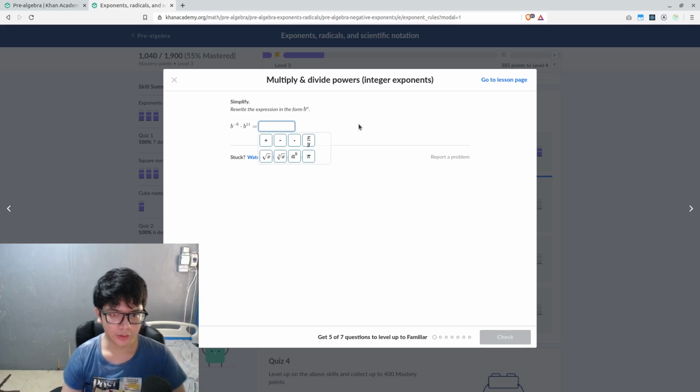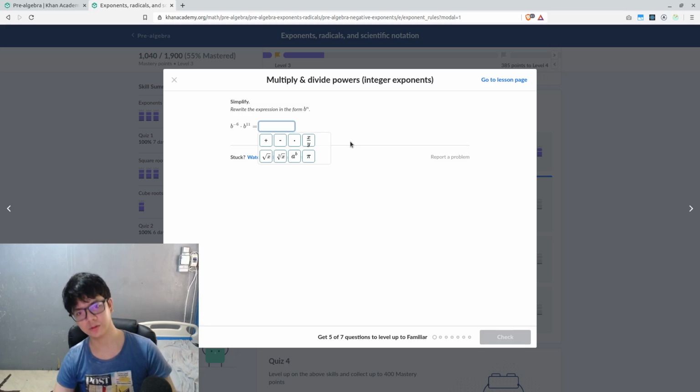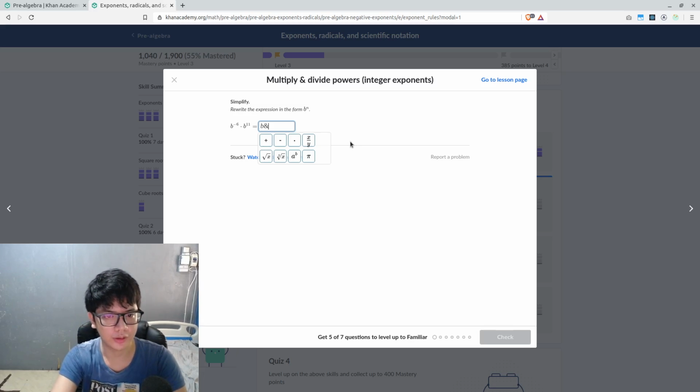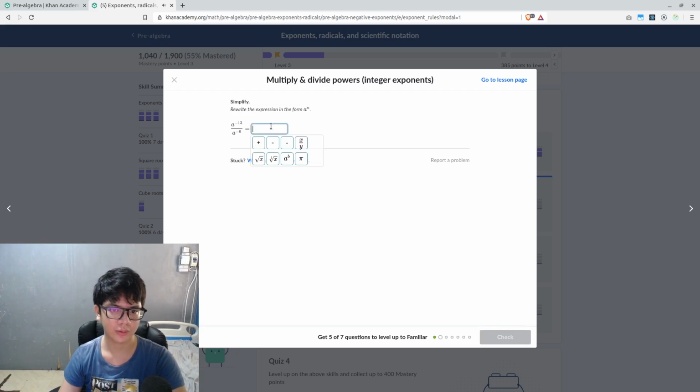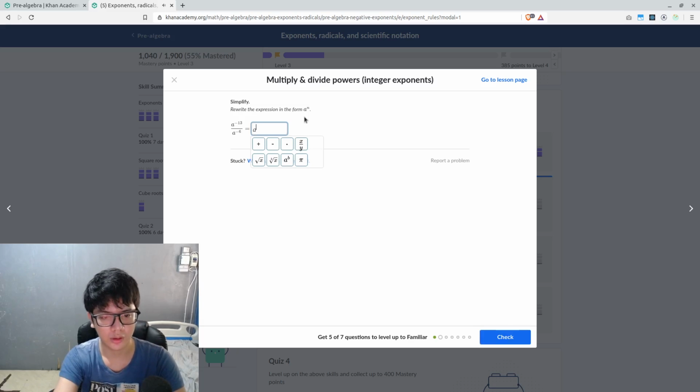Write the expression in the form... Positive 5? A raised to negative 19. Negative 7.